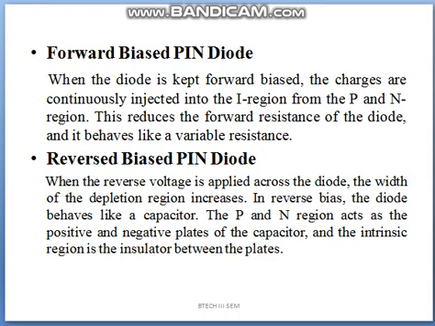In reverse bias condition, when reverse voltage is applied across the diode, the width of the depletion region increases. In reverse bias, the diode behaves like a capacitor. The P and N regions act as the positive and negative plates of the capacitor, and the intrinsic region is the insulator between the plates.